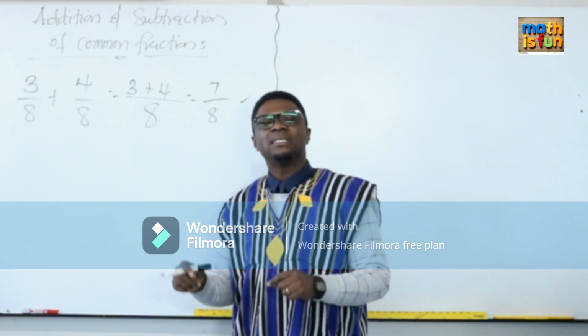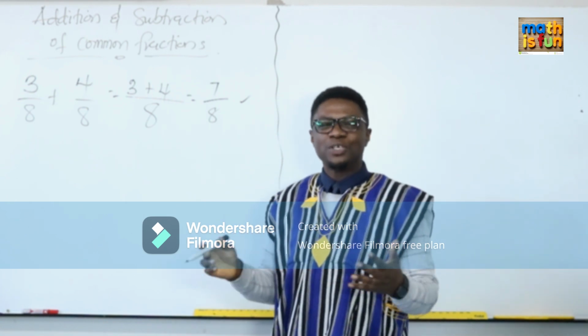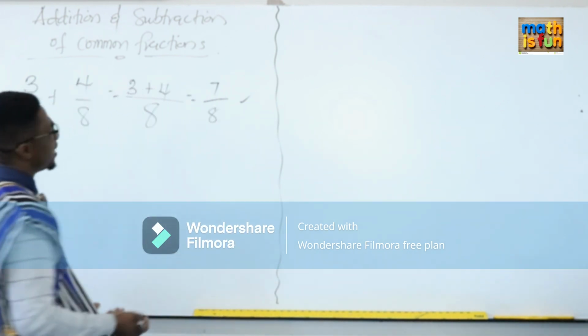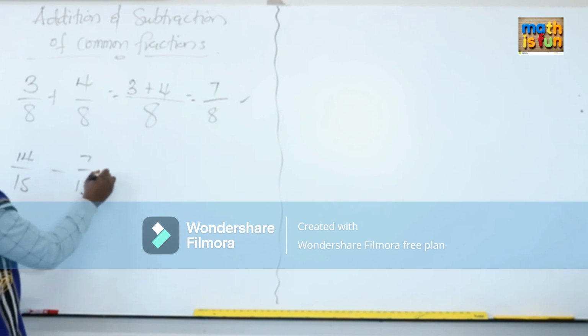Always remember that you take the common denominator to be your denominator because we are dealing with like fractions. So a possible question: if we are given 14 out of 15 minus 7 out of 15.